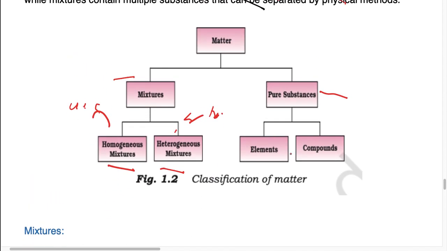An element is made of one type of atoms, while compounds are made of two or more elements with a fixed ratio.